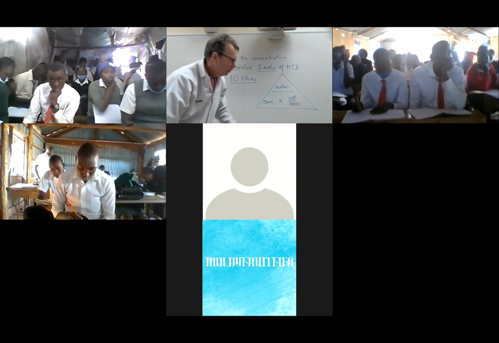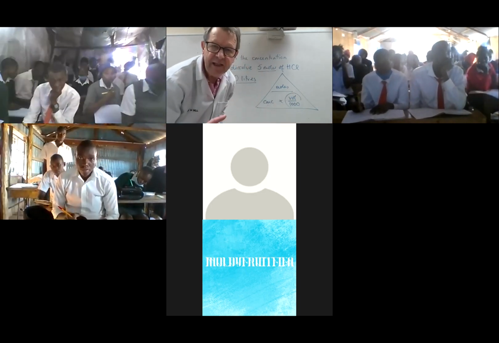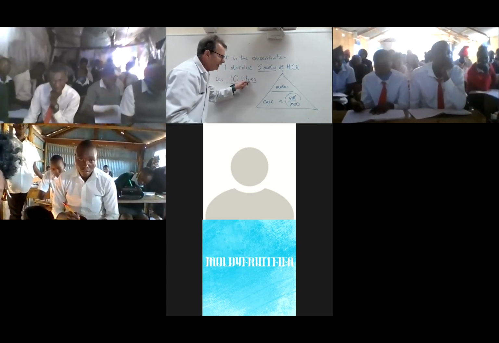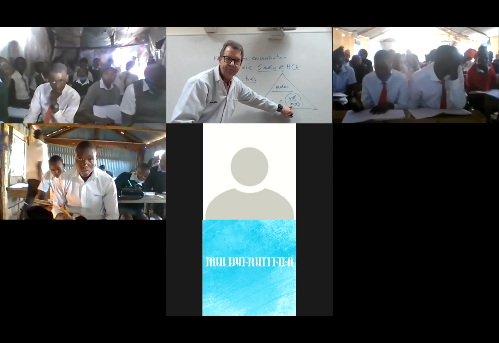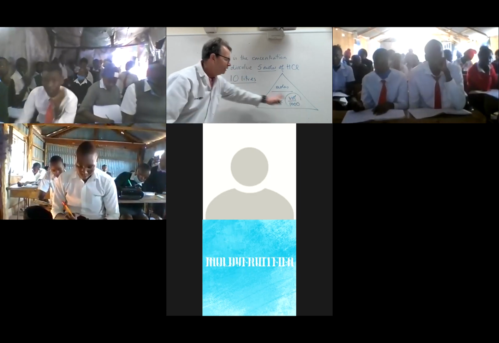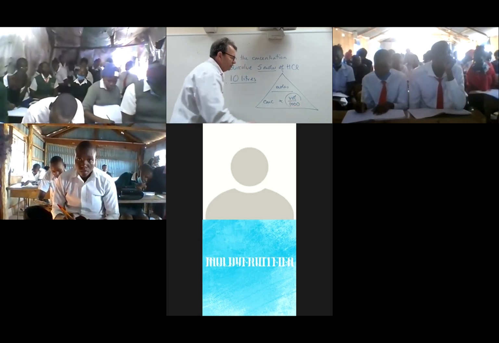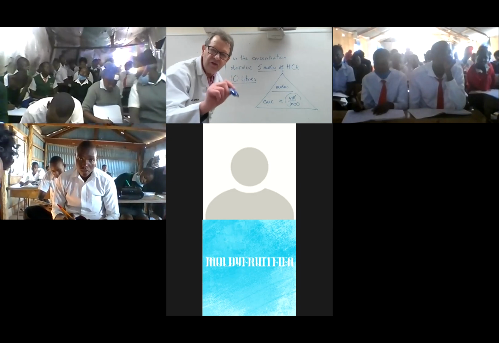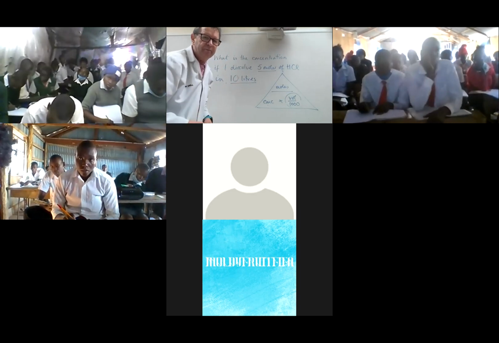So this volume down here must be in liters. If the question already tells you in liters, you don't divide by 1,000. So this down here is 10, not over 1,000.